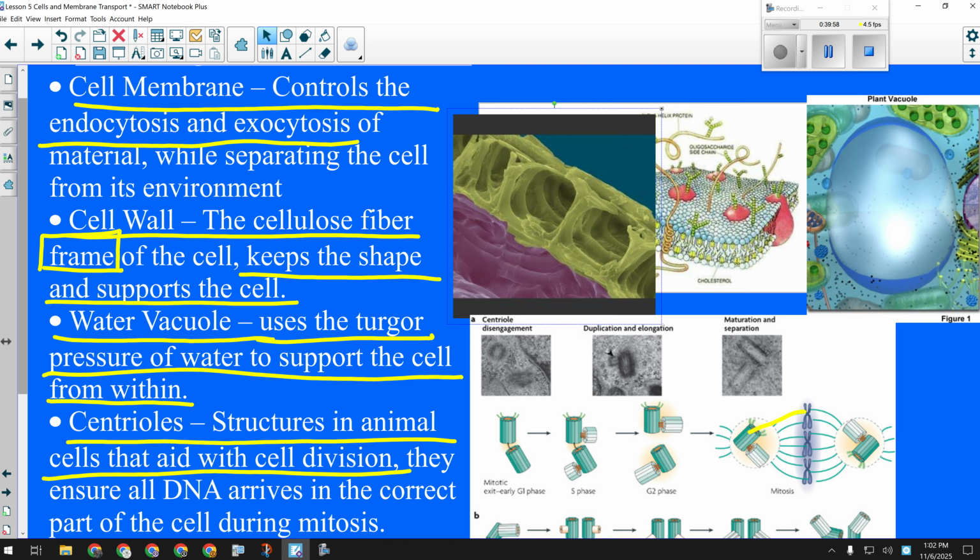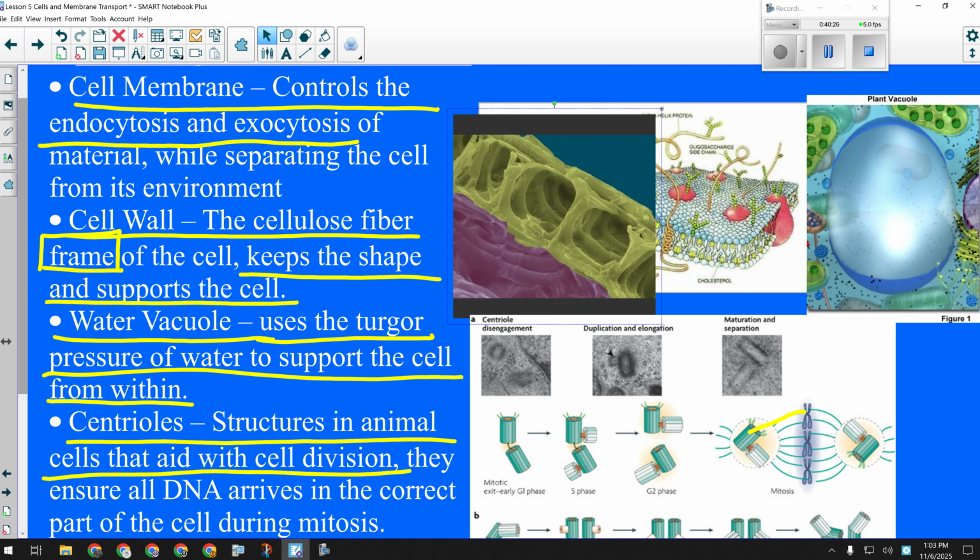You and a bunch of friends are in this room, and in the middle of the room is this big water bladder, and someone is filling it up. It's going to get bigger and bigger and bigger, and eventually you're all going to be squished against the walls. It'll exert pressure against the walls, and you'll be right up against the wall like that. That's how the water vacuole works. It pushes from the inside against the frame, making it stronger.